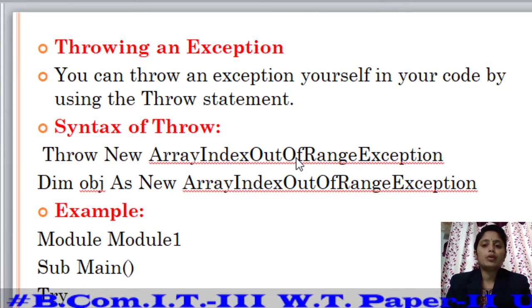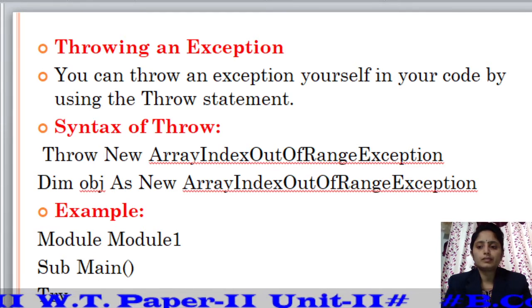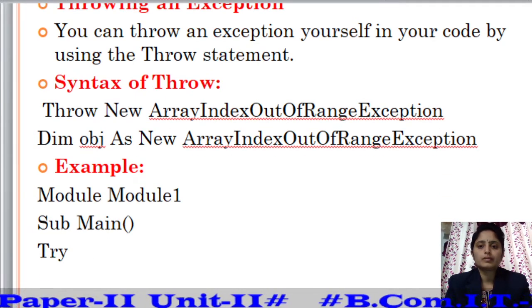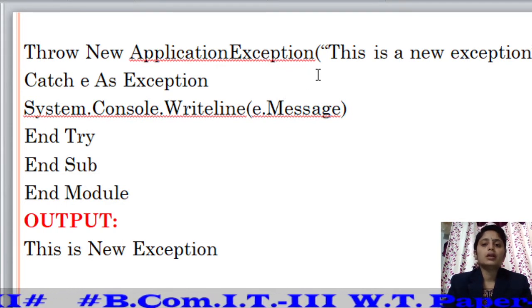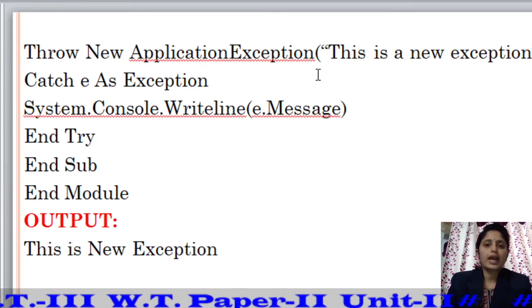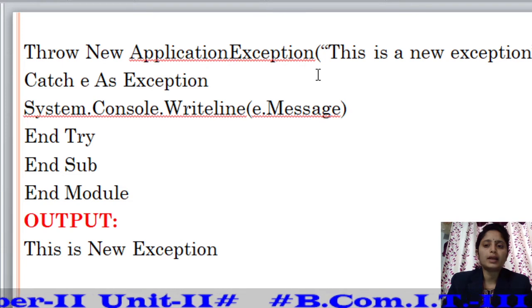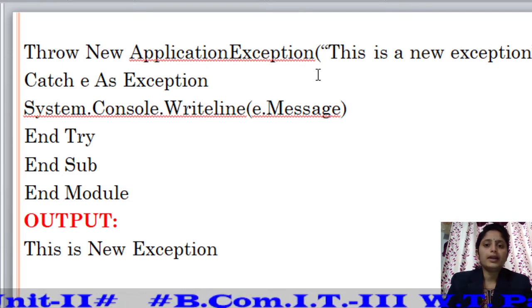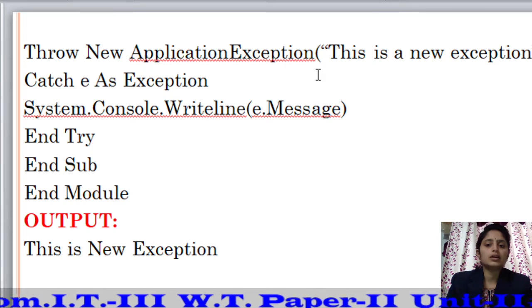Module Module1, Sub Main, Try: Throw New ApplicationException("This is a new exception"). Catch e As Exception: System.Console.WriteLine(e.Message). End Try, End Sub, End Module, and the output is: This is a new exception.